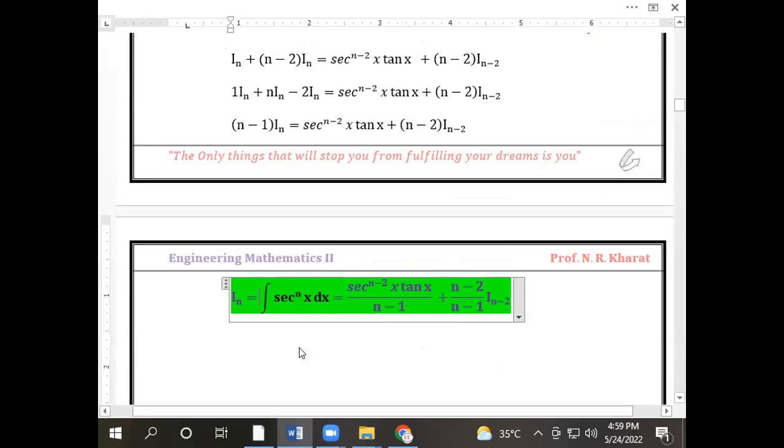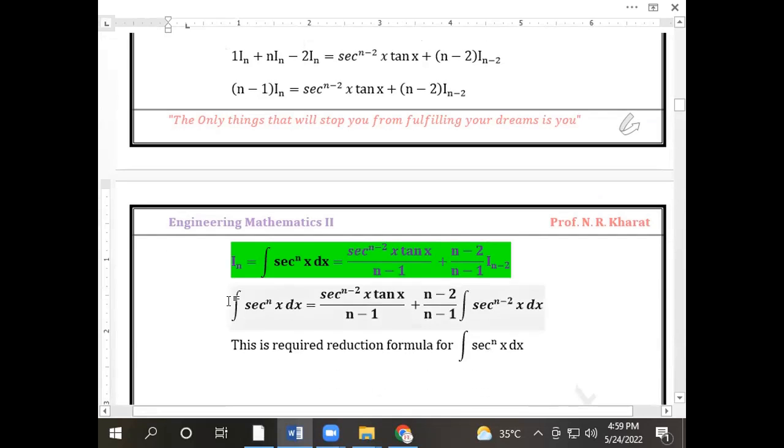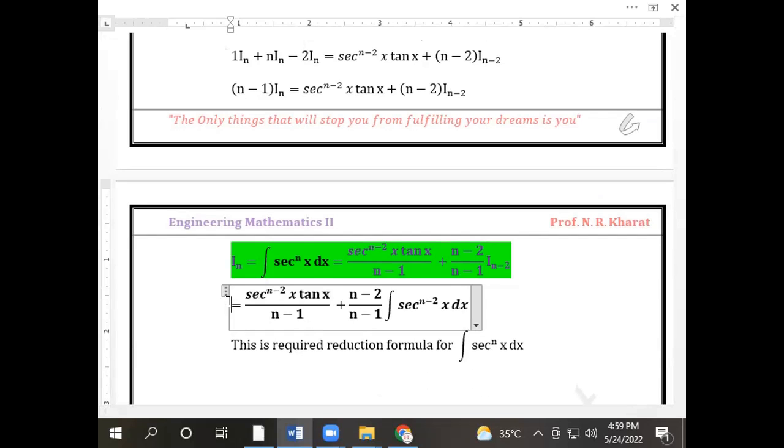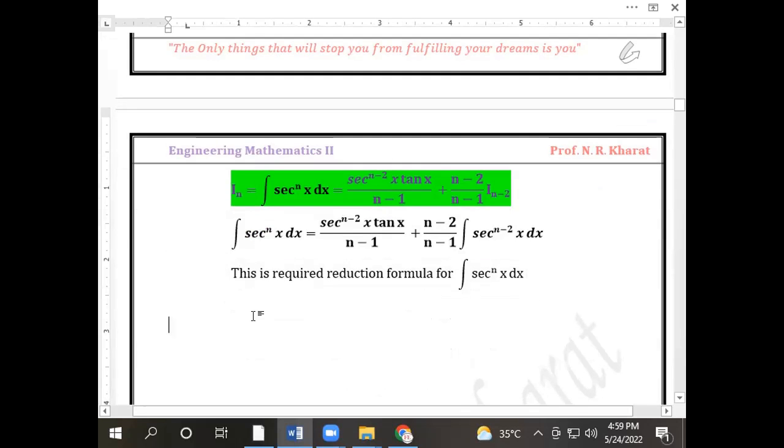This is the reduction formula for sec. We have to find the value of sec whose index is 6. This is the reduction formula of sec raised to n x dx. And now we have to find this.